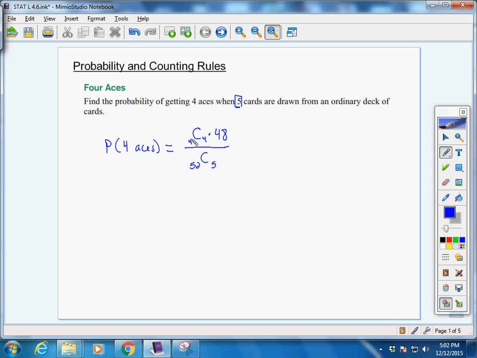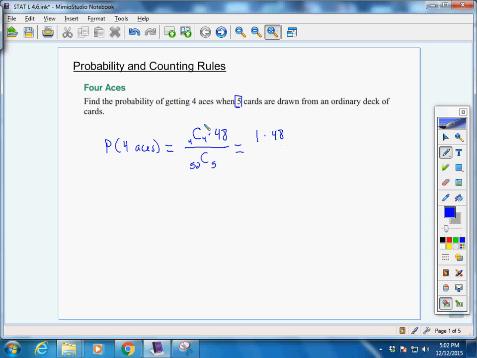I wrote it as the combination of 4 out of 4, but really, how many different ways can you get those 4 aces? Just once. That's how many choices we have for the first 4 cards, and then we have 48 for our final one.